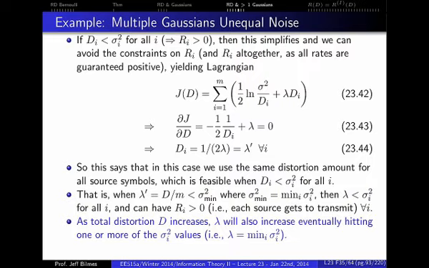On the other hand, when we start increasing the distortion, what's going to happen is eventually this lambda value is going to hit that minimum guy, or maybe there's not a unique minimum, maybe there's going to be multiple, but the lambda is going to hit that value, at which point remember this lambda prime is equal to the D_i for all i, but as we increase the overall distortion, D over m, which is equal to lambda prime, which is equal to D_i, is eventually going to hit some sigma.